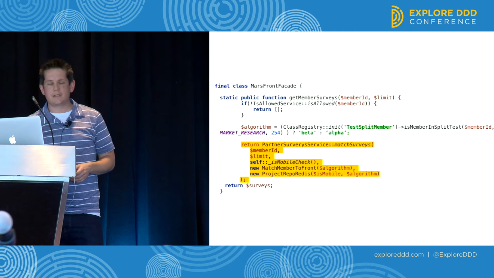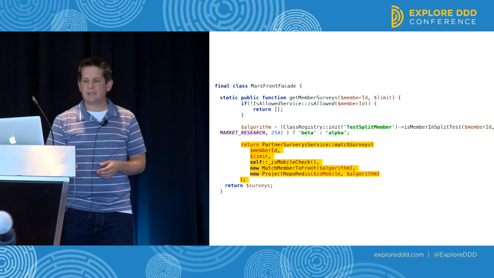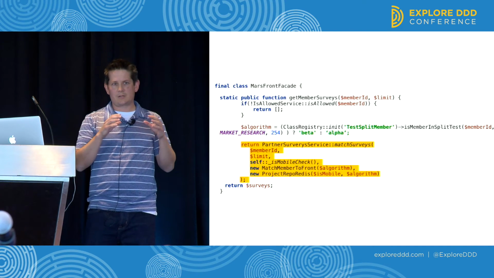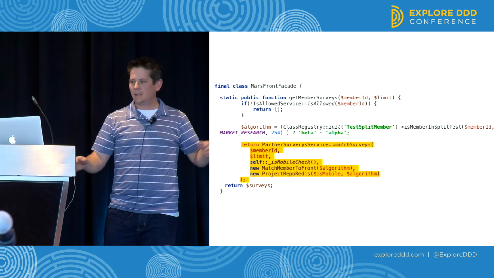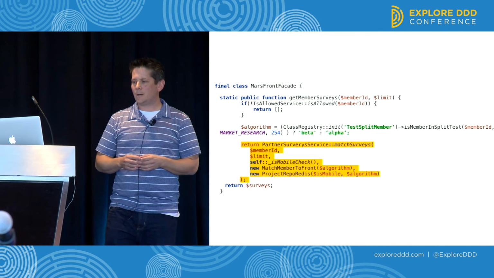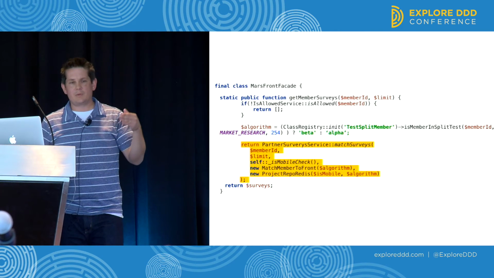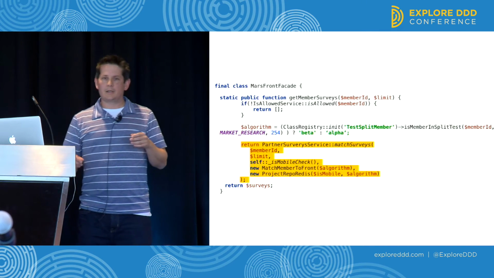And reading through a lot of the materials on DDD, I decided that the facade really made sense in this case because it allows space between the legacy system and the domain. So the highlighted part here, we're able to do a couple things that really have nothing to do with surveys.